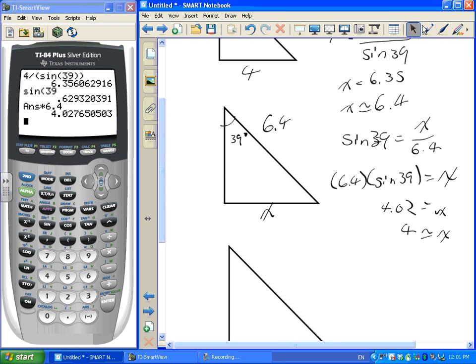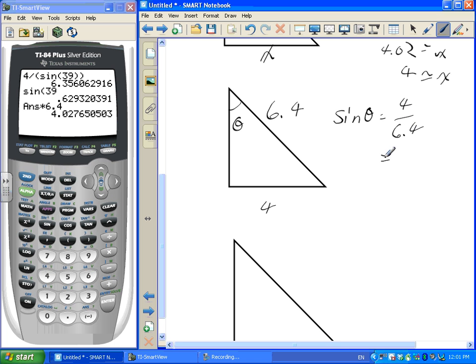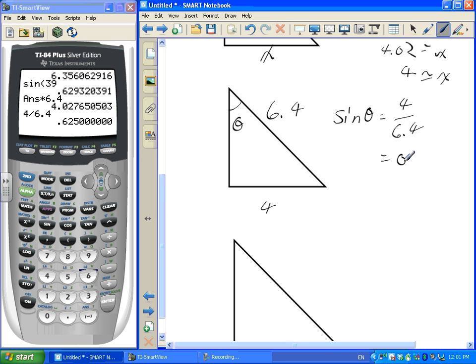Okay, and finally, let's say I'm looking for theta. We know that this is 6.4 and this is 4. Sine theta is opposite, which is 4, over hypotenuse. 4 divided by 6.4 is 0.625. Sine theta.